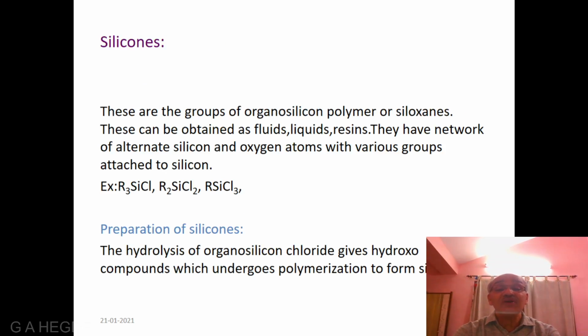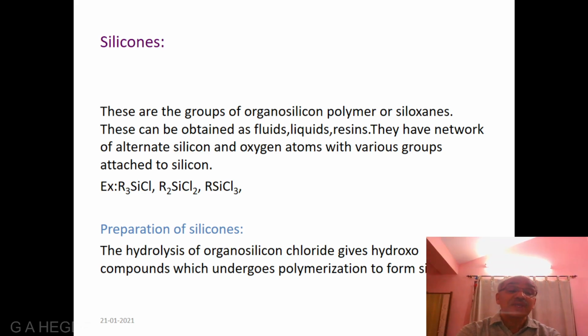These are groups of organosilicon polymers or siloxanes. These can be obtained as fluids, liquids, resins, etc. They have a network of alternate silicon and oxygen atoms with various groups attached to silicon.